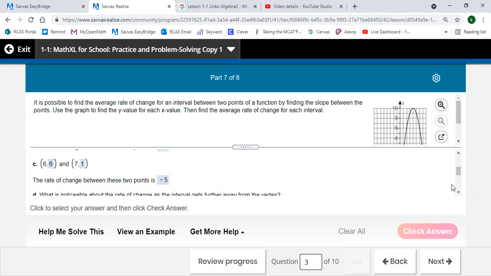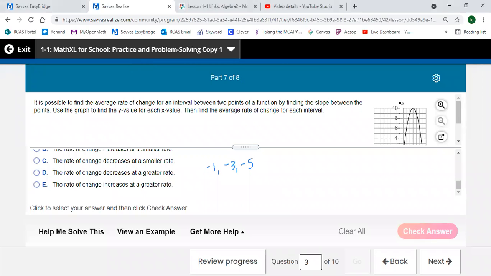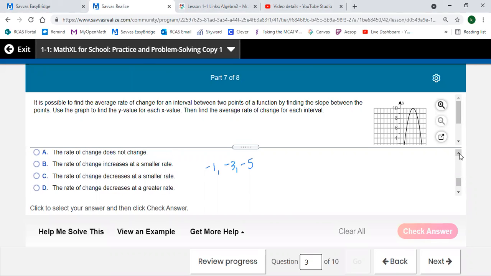So your rates of change, -1, -3, and then -5. That's getting progressively smaller, right? So rate of change does not change, that's A. No, that's not right. The rate of change increases is no. The rate of change decreases, yes. And not at a smaller rate, it'd be at a greater rate.